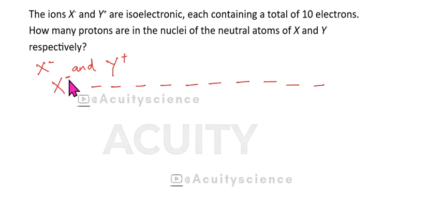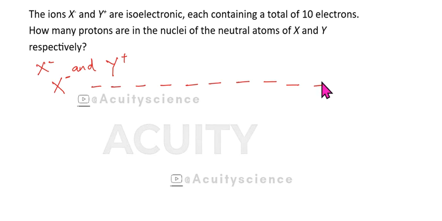Because there's an extra negative charge, it means all these electrons were neutralized except one. There is one unneutralized electron. So there is one proton short. Either you say there is one proton short or there is one electron extra.